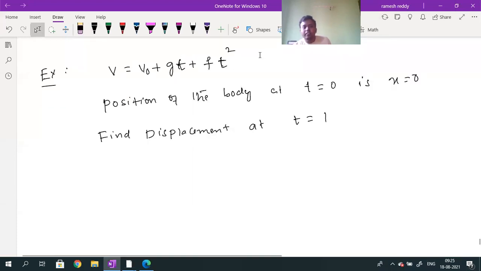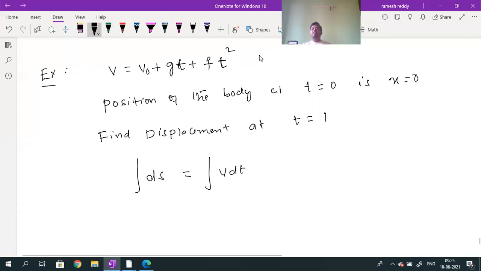Okay, listen carefully. Which equation do I want? I want a relation between velocity and displacement. The first equation is integration of ds is equal to integration of v into dt.